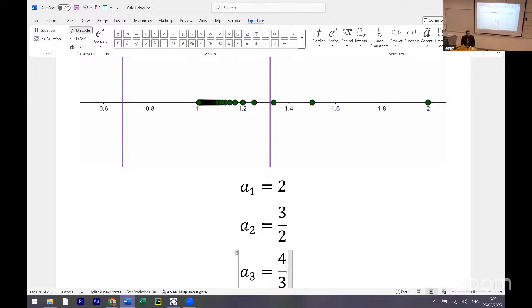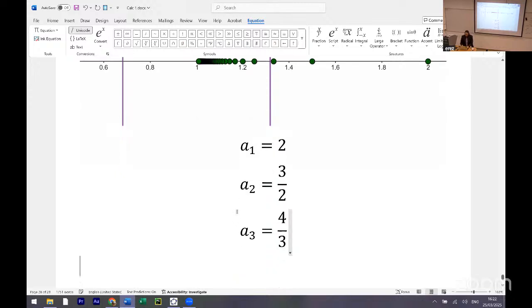So what is K here? It's 3, exactly. It's the index, not the value. It's the index of the element such that afterwards everyone is here.